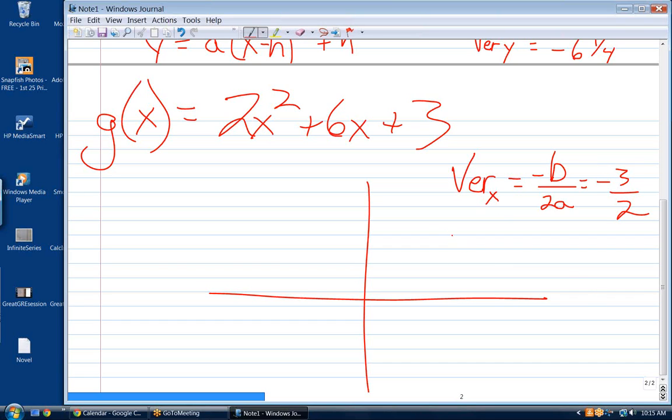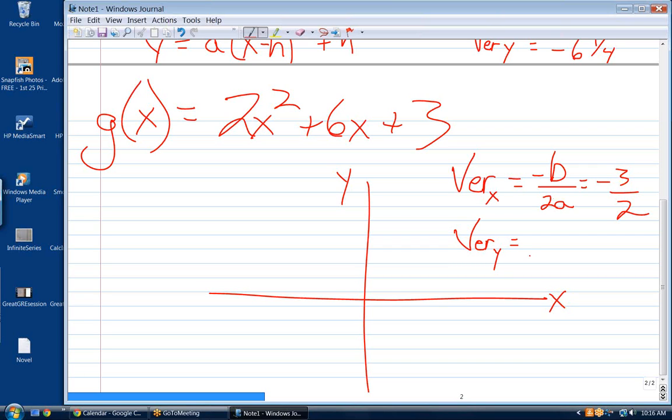But their question is, what is the minimum or maximum, which is really saying, what is the y value there? So I need the y value of that vertex also. Minus 6 over 4 reduces to minus 3 halves.